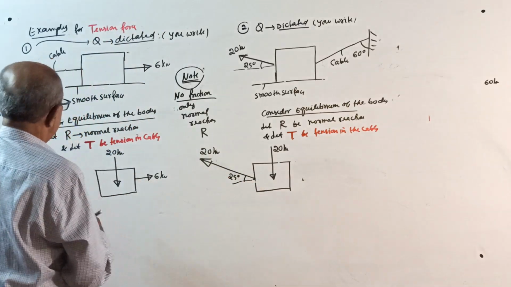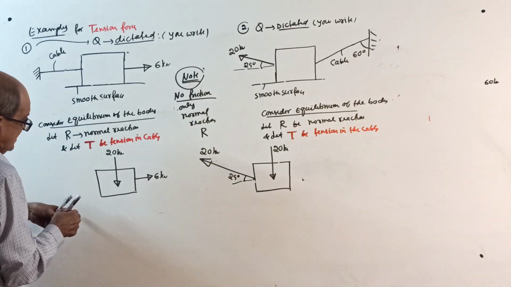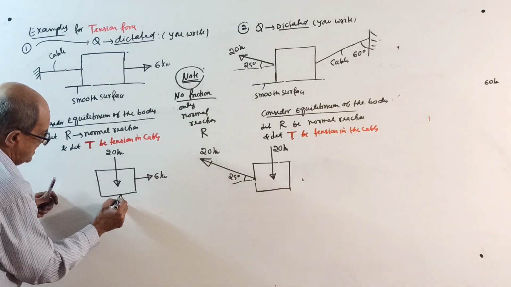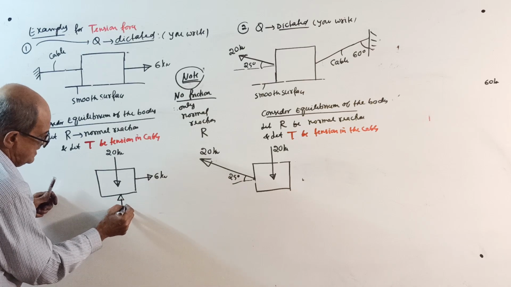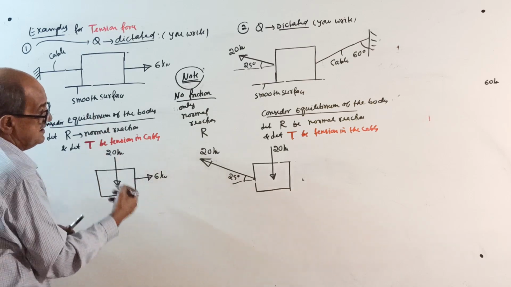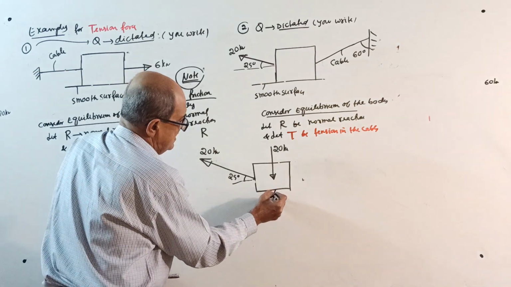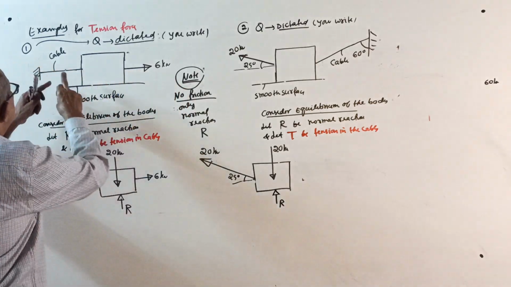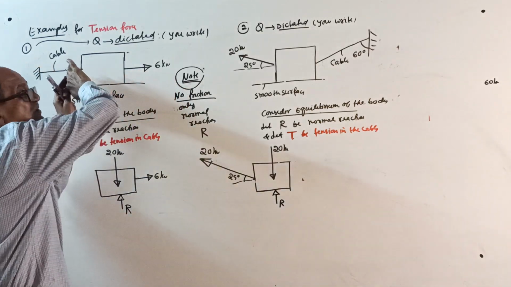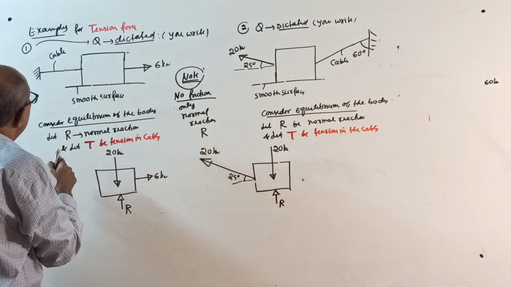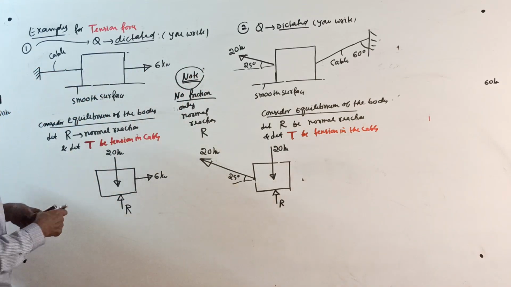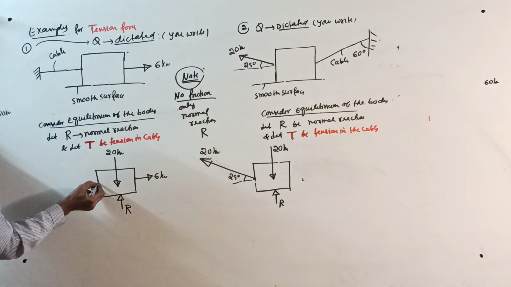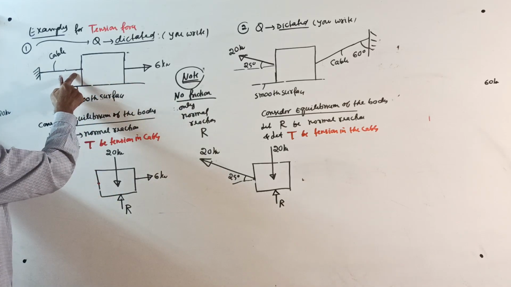Now, from the surface, there will be a normal reaction R. Then this is the cable. This body is moving this way. I already told you, at this contact point, tension in the cable.